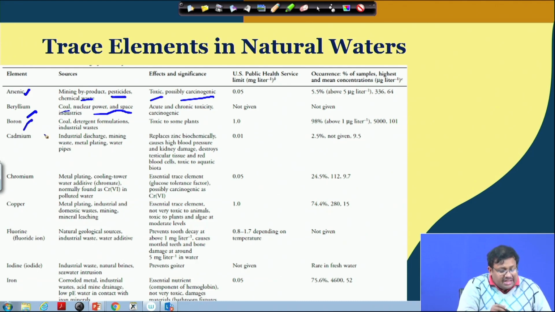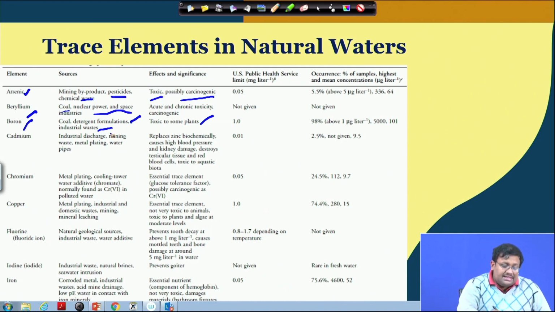Boron comes from coal, detergent formulations and industrial wastes, and it is highly toxic to some plants. Although boron is an important micronutrient, it is still toxic to some plants.